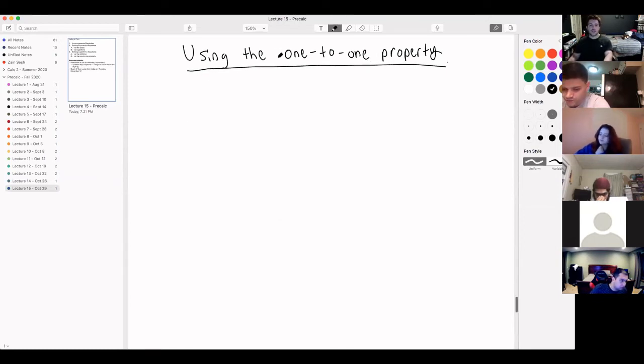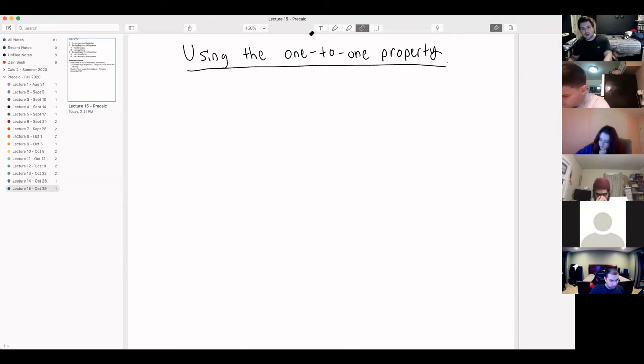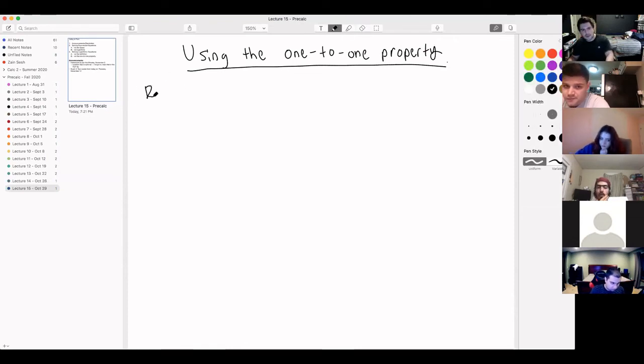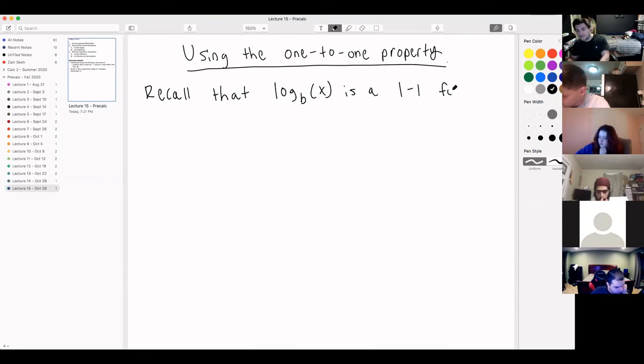Recall that log base b of x is a one-to-one function.